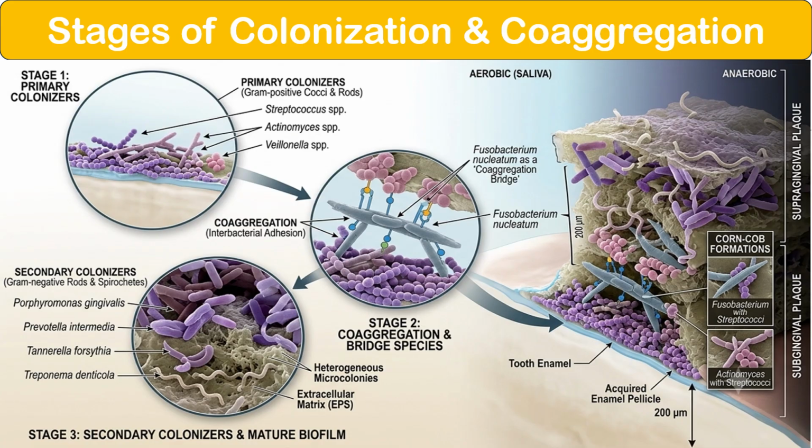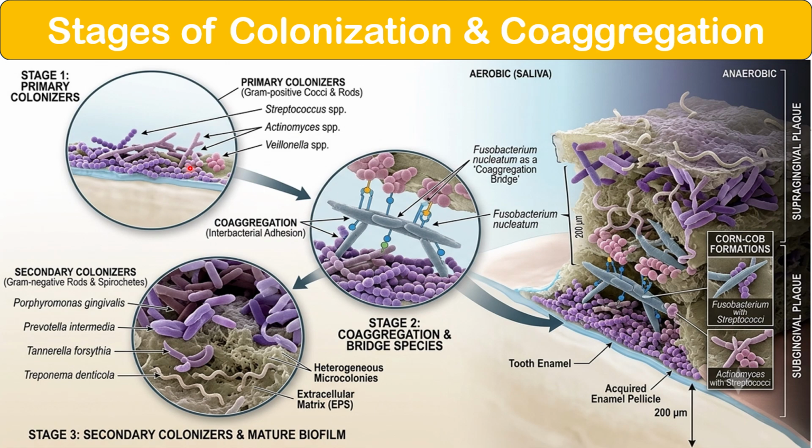So now let's quickly understand how the dental plaque develops into a mature biofilm through colonization and co-aggregation. In stage 1, we can see the primary colonizers such as the gram-positive Streptococcus, Actinomyces species and Veillonella species are the first microorganisms. They get attached to the acquired pellicle and establish the initial bacterial community.